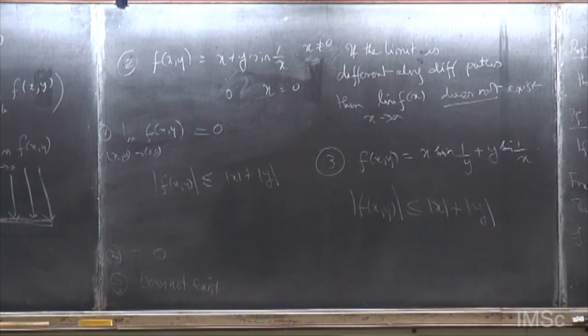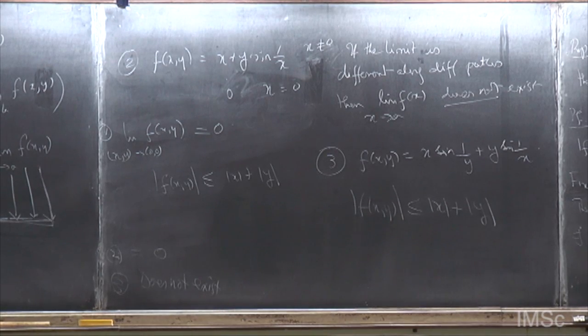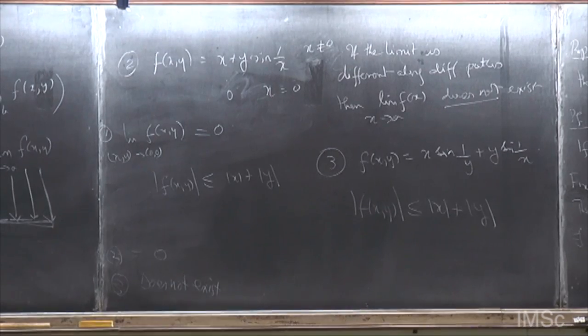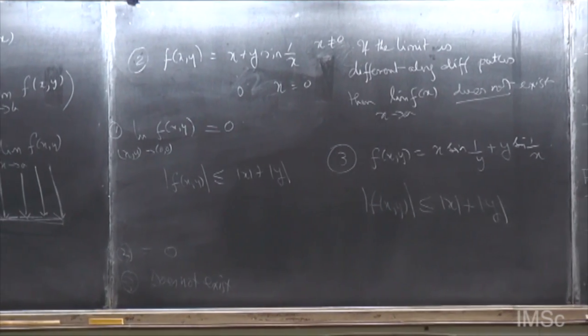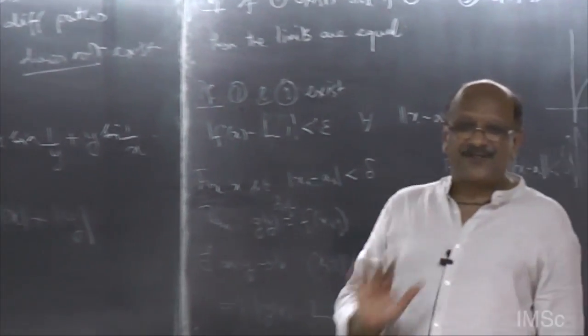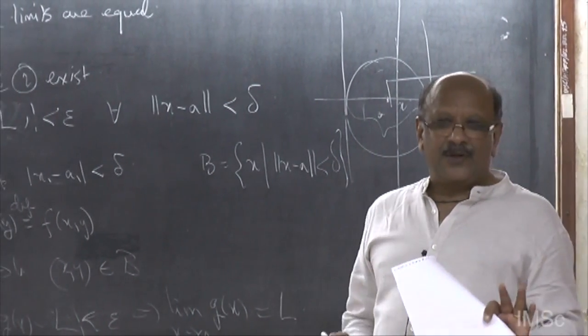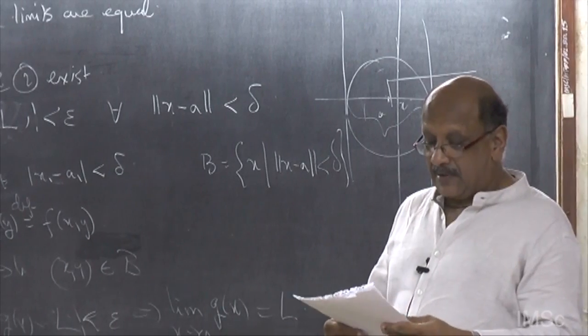Good that I may make mistakes on the blackboard, so it is good to be corrected. If that was your confusion, then of course I am sorry. Okay, so now we know where we stand, where all these limits go.